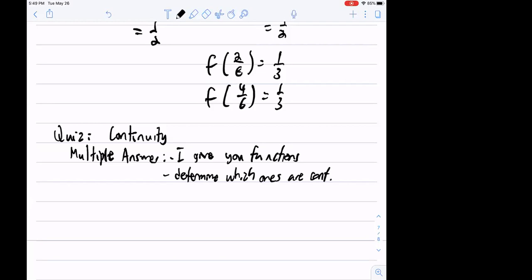Hopefully that should not be hard. I'm not going to put epsilon delta stuff on the quiz, but make sure you practice it.